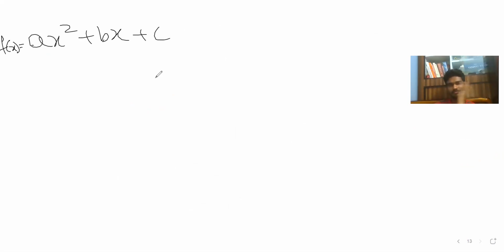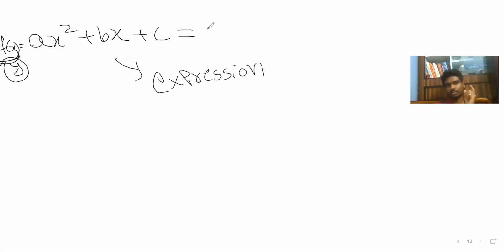They will represent it as f of x. f of x is nothing but y. Remember, this is an expression. When you put it equal to 0, then it becomes an equation. Remember the difference between an expression and an equation.